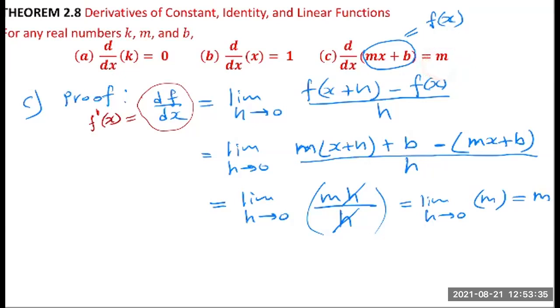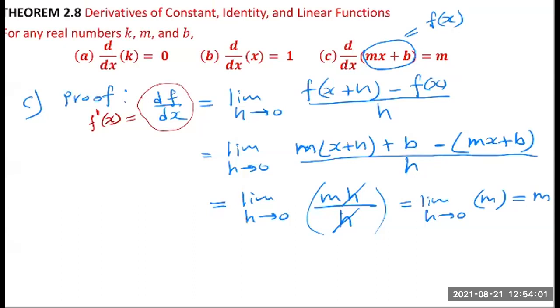So the derivative of a linear function of this form is equal to m, which is nothing but the coefficient of x. And it makes sense because if we have a straight line of the form y equals mx plus b, the slope is m, right? Slope is nothing but the derivative. Derivative and slope are synonyms, as we discussed in section 1.2.1. All right, let's move on.